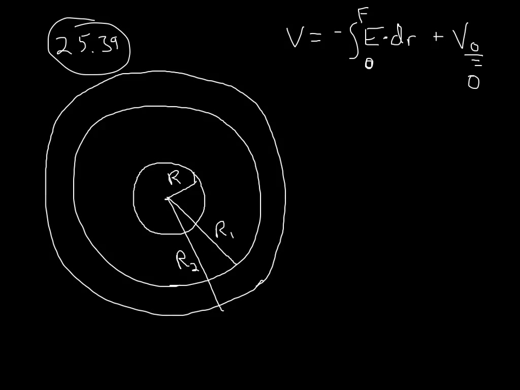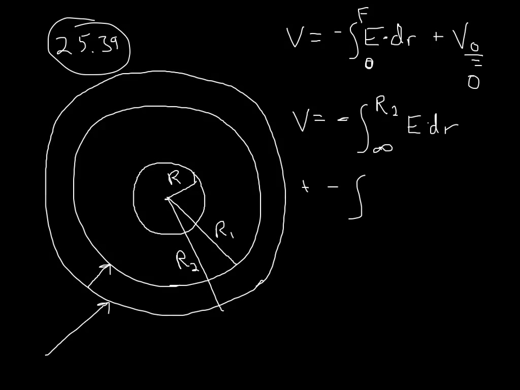So if I start at infinity, I'm going to need to integrate over multiple different endpoints. As I come inwards from infinity, I hit this first surface, R2, and get my E dot dr. And then I'm going to add on the integral as I go from R2 and integrate inwards. I'm going to hit my R1.